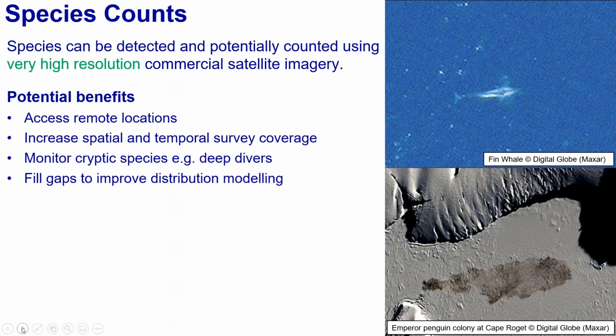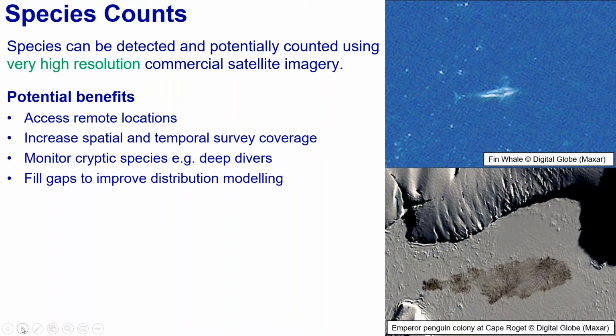Obviously, a benefit of this is you can get access to remote locations, like the middle of the sea or Antarctica, and you can increase the spatial and temporal coverage of your survey, because of the frequent revisit times, and you can cover much larger areas with satellite imagery than you could with a drone, or certainly than you could on foot.